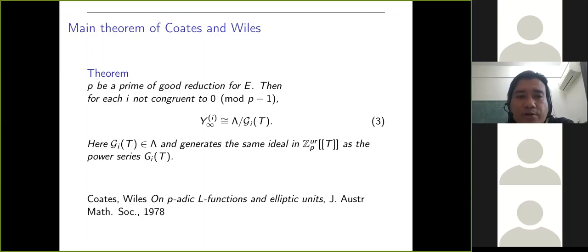And this appeared in a paper in 1978. This appeared after this work of Coates and Wiles, which I quoted just a while ago, their Inventiones paper.